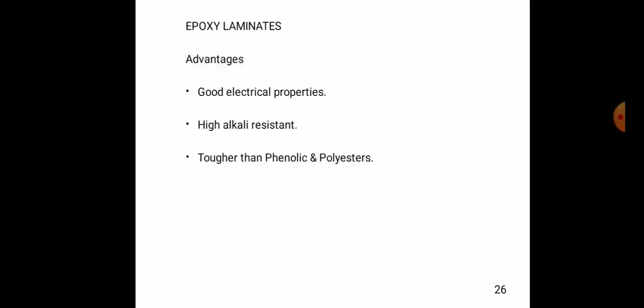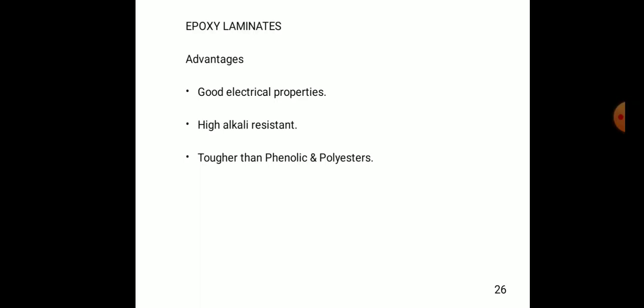What are the advantages of these epoxy laminates? They have good electrical properties and high alkali resistance, and are tougher than phenolic and polyester. The thickness, stability and durability of epoxy laminates are tougher compared with phenolic and polyester.